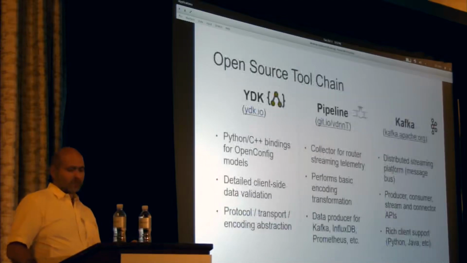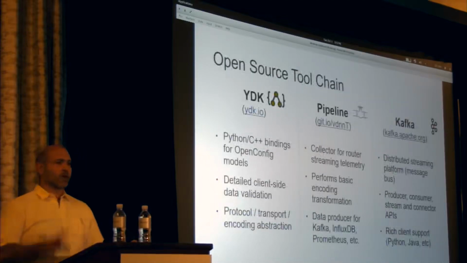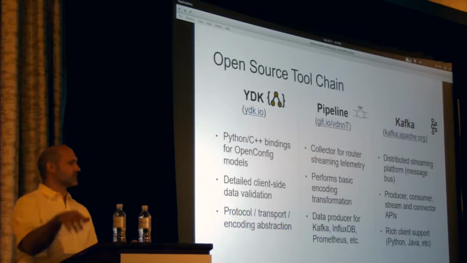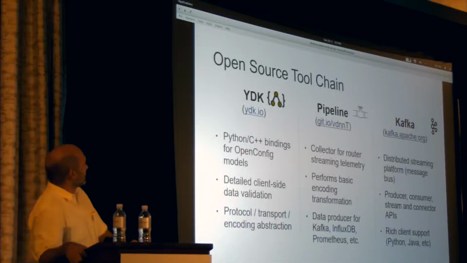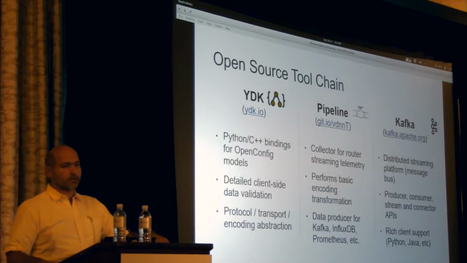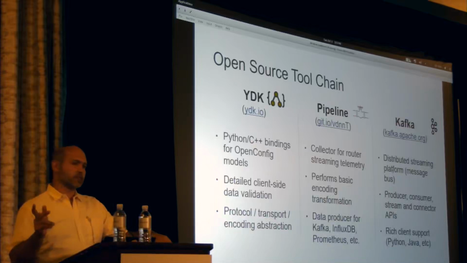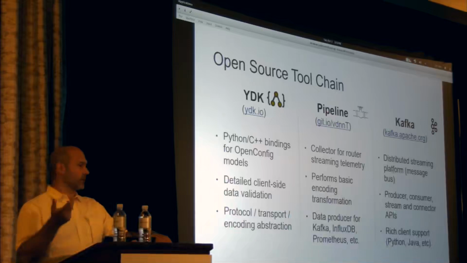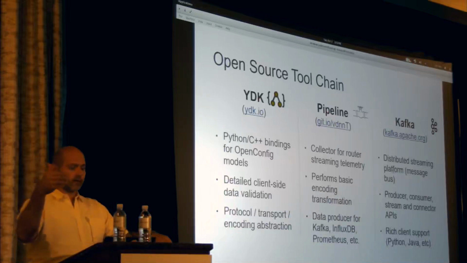All right. So before I show the details of the configuration and we execute the scripts, let me talk a little bit about the open source tool chain that I'm using in this testbed. So the first thing that I'm using is the YDK, or the YANG Development Kit. That is basically an SDK that gives me Python and C++ bindings for the data model. So this allows me in a very simple way to write Python code against an OpenConfig data model.